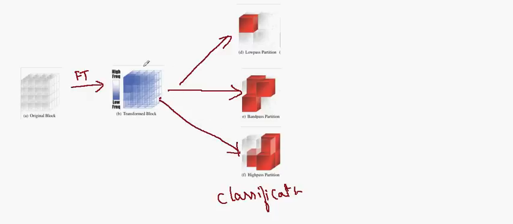So you can see this part is the low pass partition, that is the low frequency data, and the medium frequency data is in this part. So this is basically the same image. For explanation, it has been separated into 3 figures.